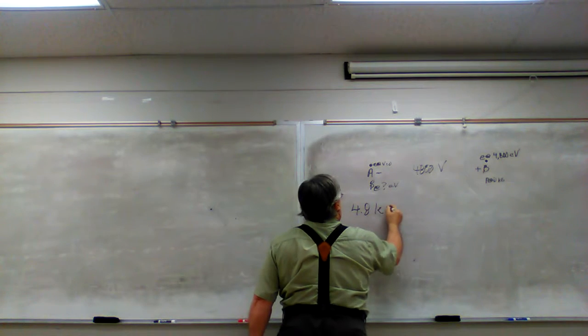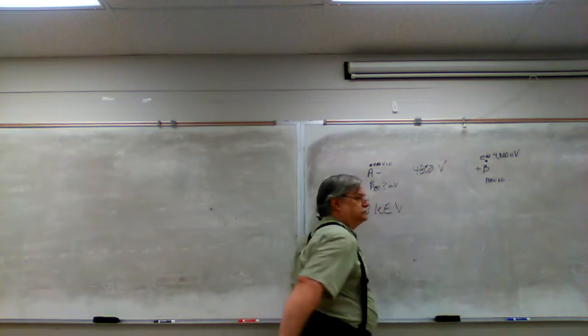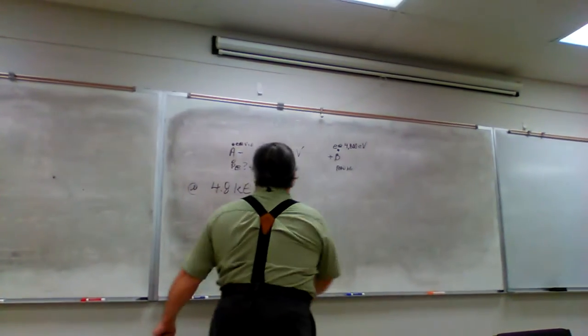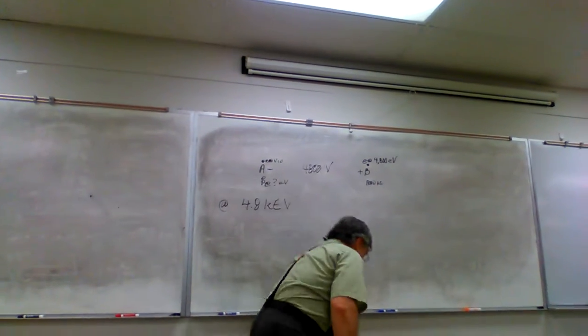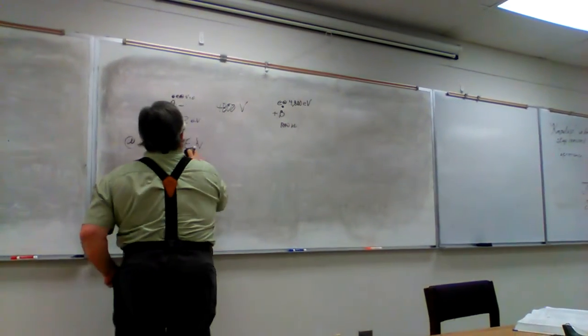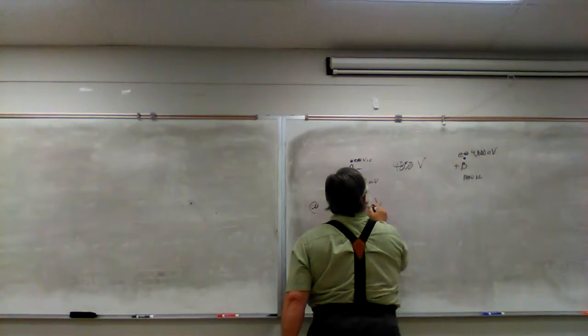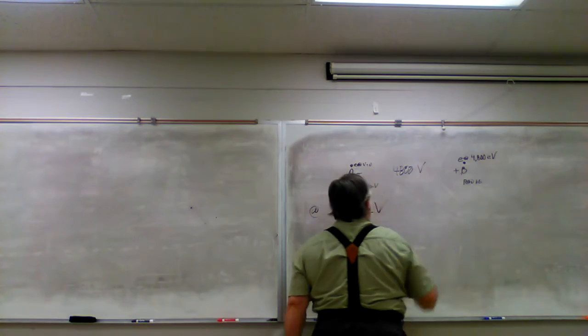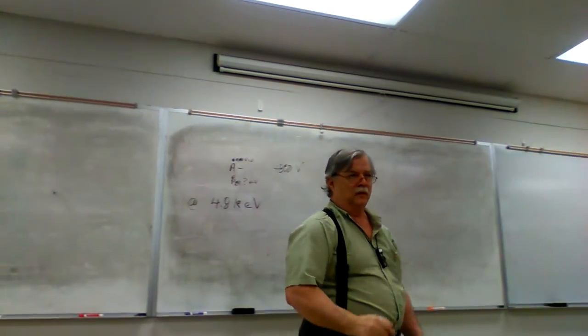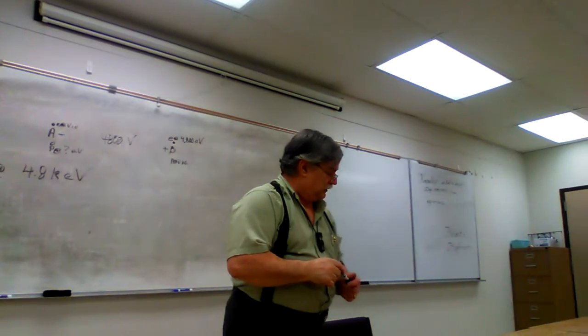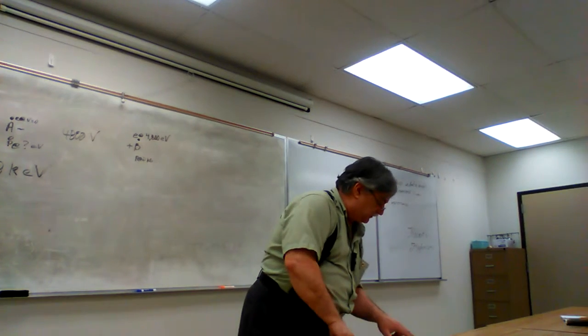4.8 keV. Actually, uppercase E makes that kinetic energy. So lowercase k makes it kilo, and lowercase eV makes it electron volts. Now, what's the next question?